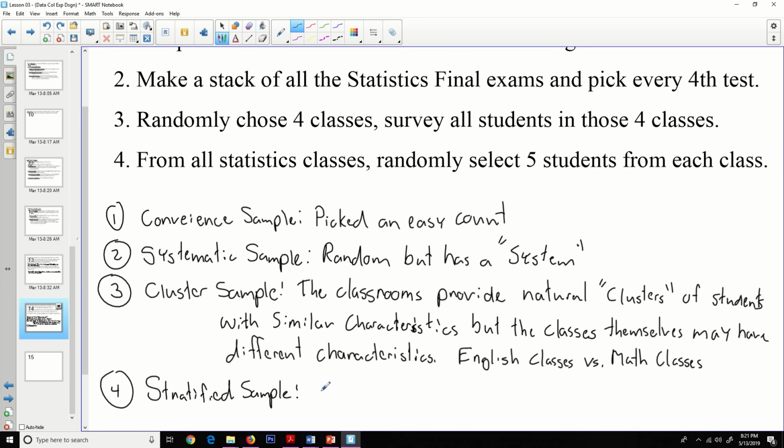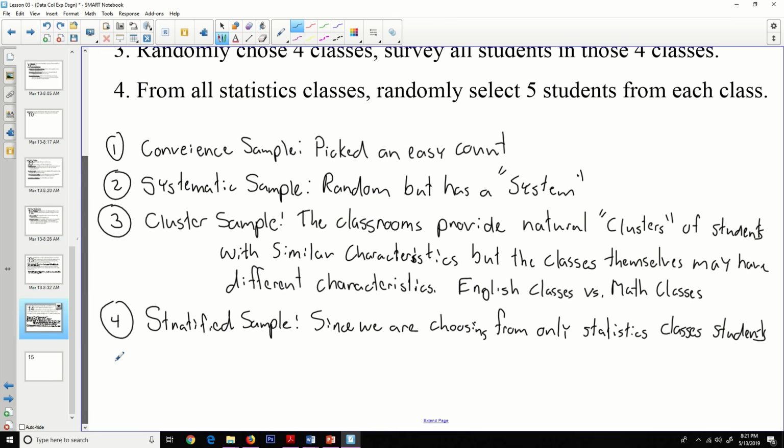And since we're choosing from only statistics classes, the students have common characteristics.